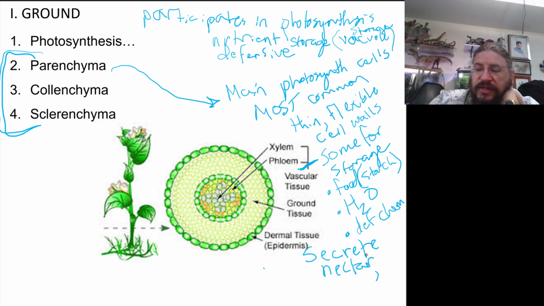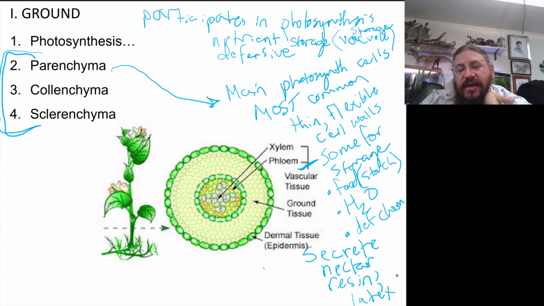They are also the ones that secrete sap. So, resin. Some plants store latex. Dandelions are a great example. When you break a dandelion stem, you get that milky fluid. Latex is, yes, latex rubber.